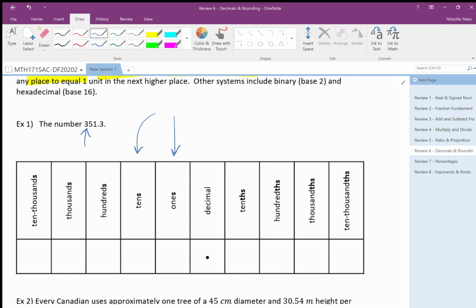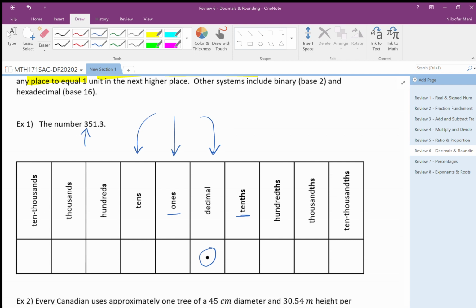What you can see here is the decimal point. Before that I have ones, but after that I have tenths, because when I divide by 10, a decimal is made. Of course we don't start from 1 after the decimal.